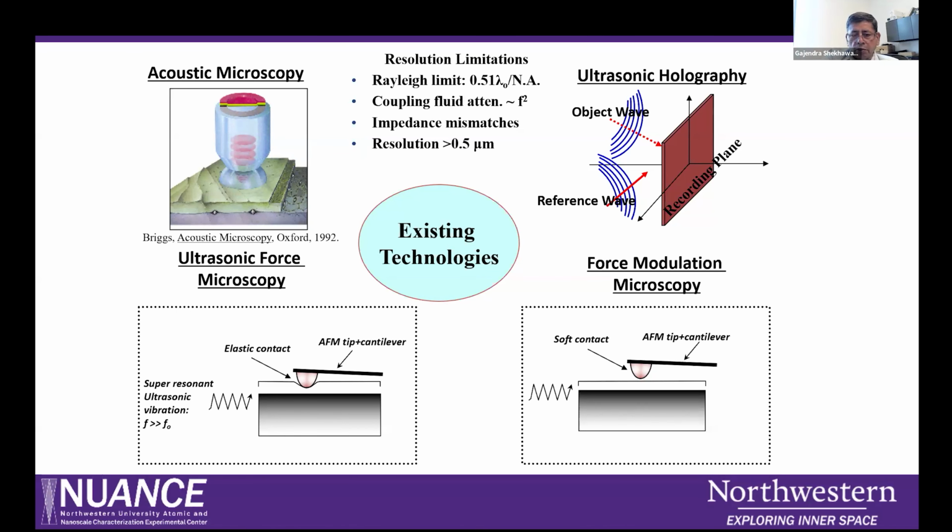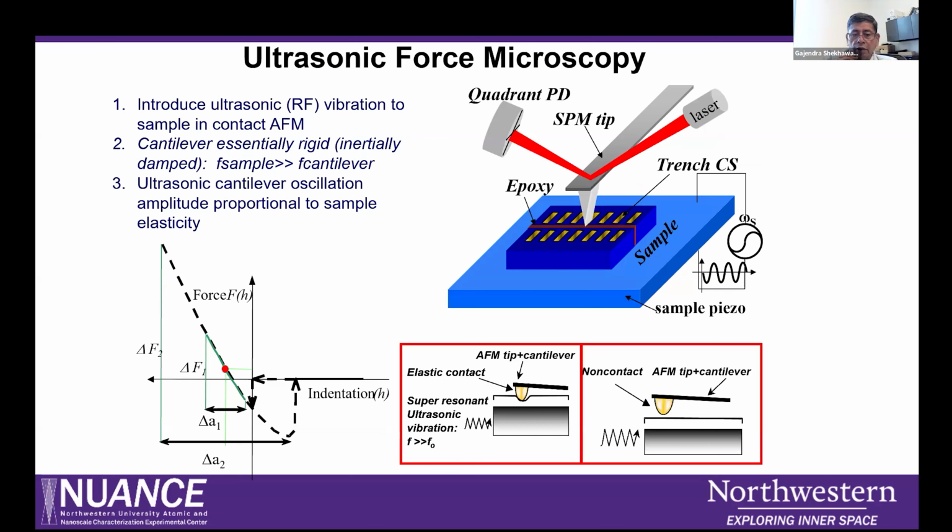I will touch base more on it, where we oscillate the sample at pretty high frequency. We use piezo crystals and launch acoustic waves through them. When the probe comes in contact, it generates a significant amount of force between the probe and the sample. If you see the next slide on the left, the force versus indentation creates a non-linear curve.